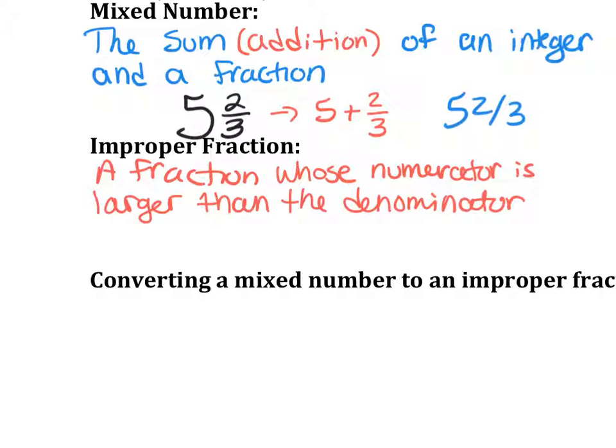So an improper fraction, you just have one fraction. There's no integer attached to it. But your numerator is larger than your denominator. So like 22 over 7. 22 is bigger than 7, and 22 is in the numerator. So that makes it an improper fraction.